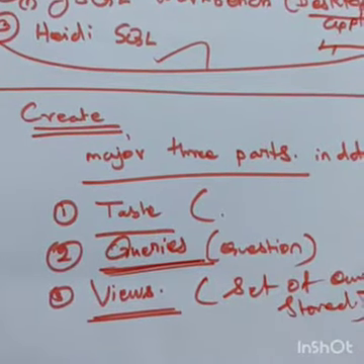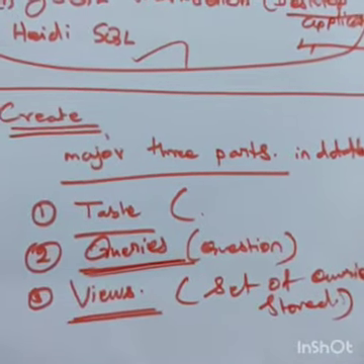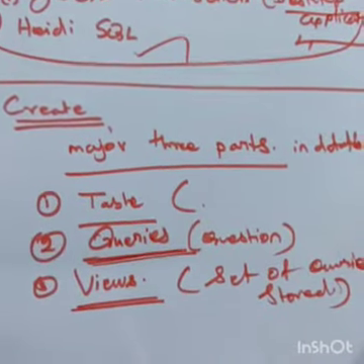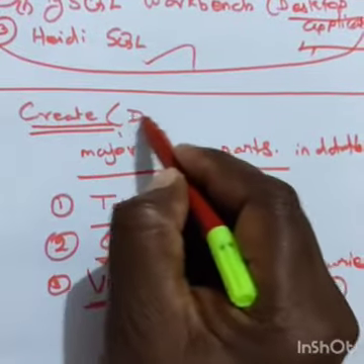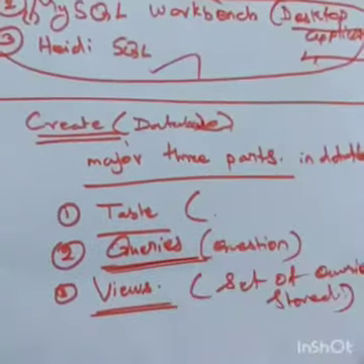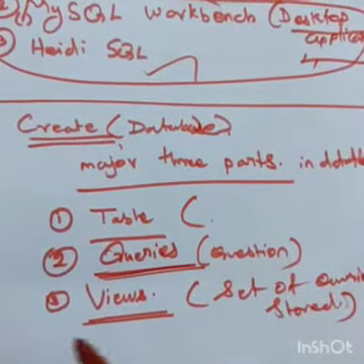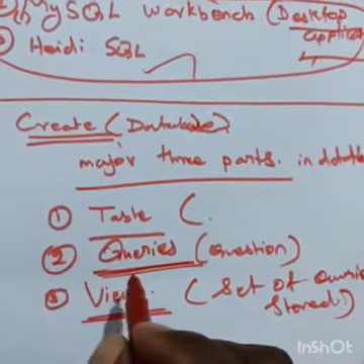So very carefully you can see these lessons, very carefully you can listen. This is about creating a database in MySQL software. So these major three parts, tables, queries and views, are very, very important concepts.